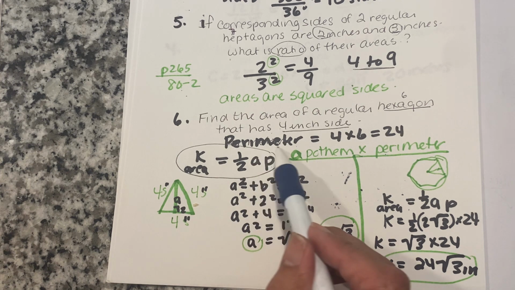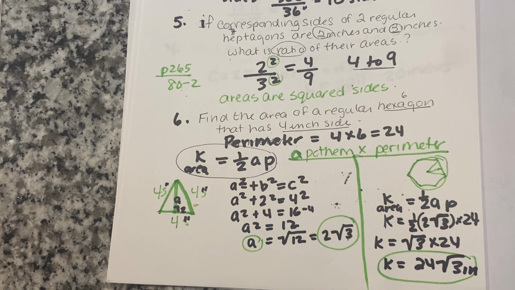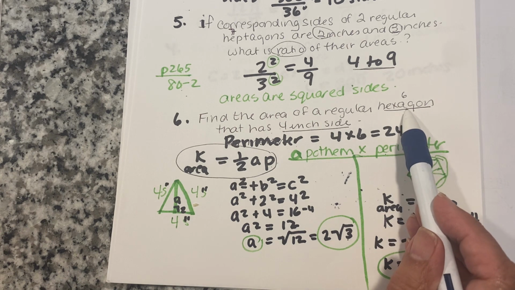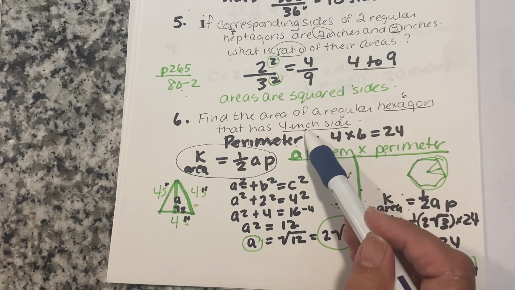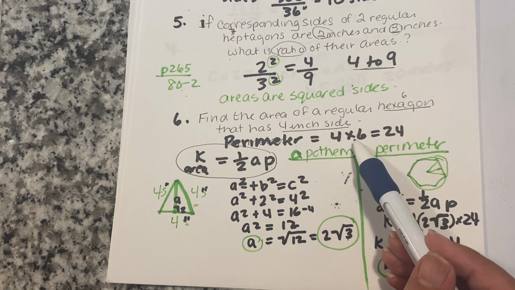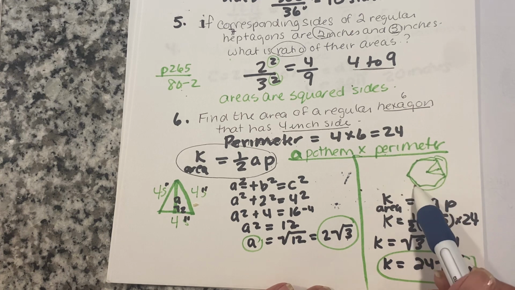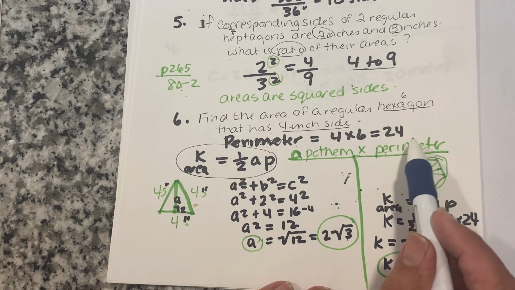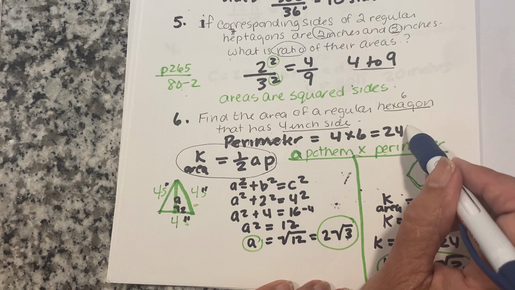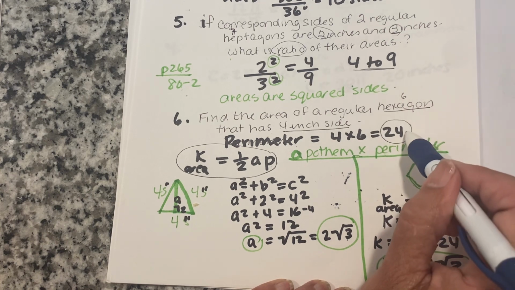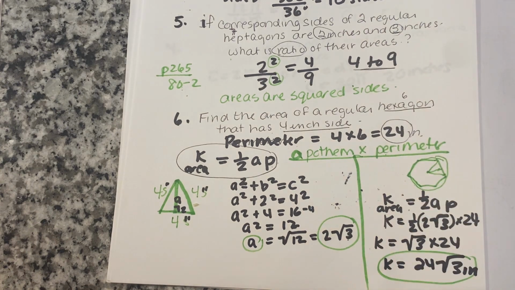The perimeter is pretty easy because the hexagon has 6 sides, right? And each side is 4 inches. If we took all the sides, 1, 2, 3, 4, 5, 6, 6 times 4 is 24. So the perimeter is 24 inches. That's easy. But now we have to find out what the apothem is.